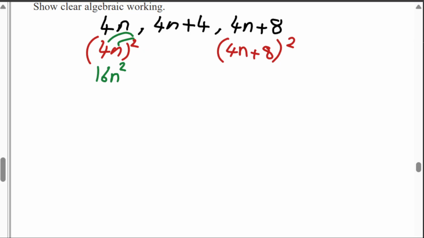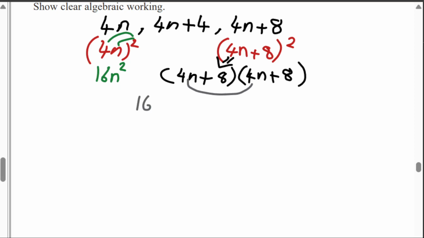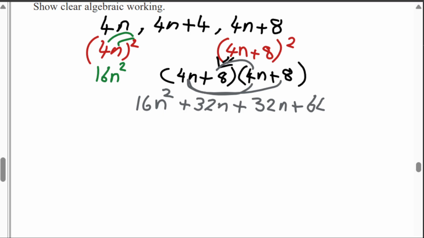For the other number, we expand the brackets: 4n plus 8 times 4n plus 8, and then we FOIL. 4n times 4n is 16n squared. 4n times 8 is 32n, and 8 times 4n is another 32n, and finally 8 times 8 is 64.